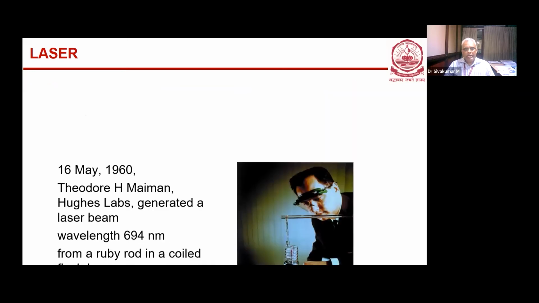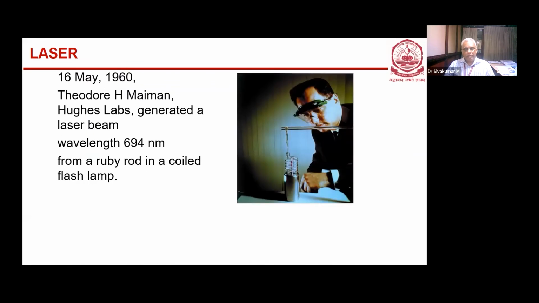Okay, so the next thing is the laser. In 1960, subsequently, Theodor Maiman generated a laser beam of wavelength 694 nanometers from a ruby rod. This is the first laser in the visible region. It is red. That's what he did in 1960.